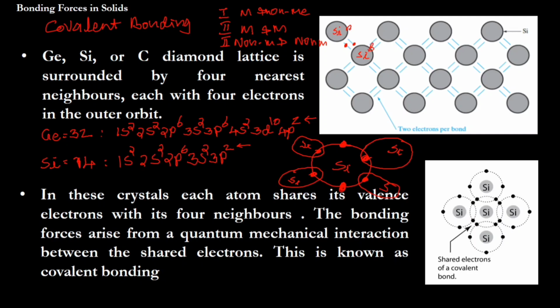So 1 electron of Si is shared with Si-A and another electron of Si-A is shared with Si-B. So this is common to both. Here also 2 electrons are common to both. So it becomes stable. This type of bonding is known as covalent bonding.